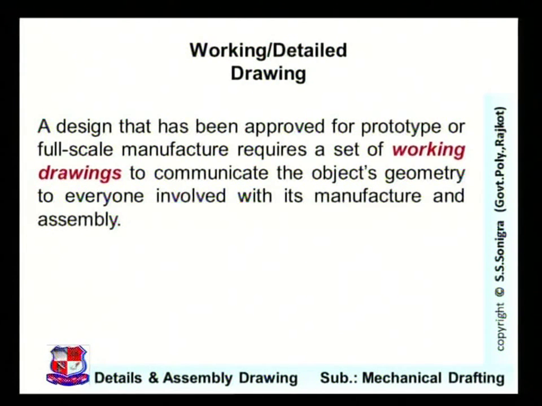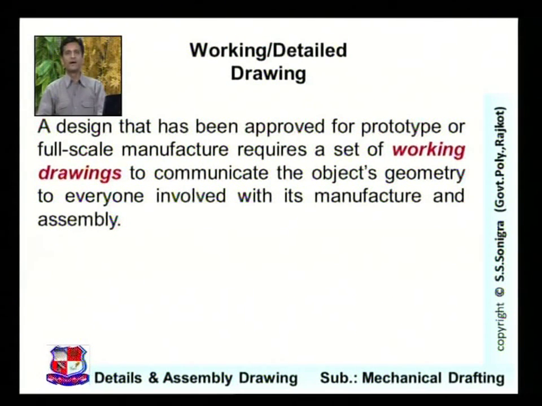Now the working detailed drawing or working drawing, or we also call this the detailed drawing of an assembly. A design that has been approved for prototype or full scale manufacture requires a set of working drawings to communicate the object's geometry to everyone involved with its manufacture and assembly. So for that, a working drawing is used.